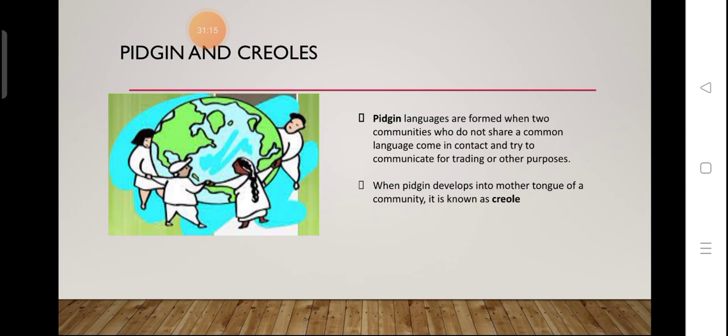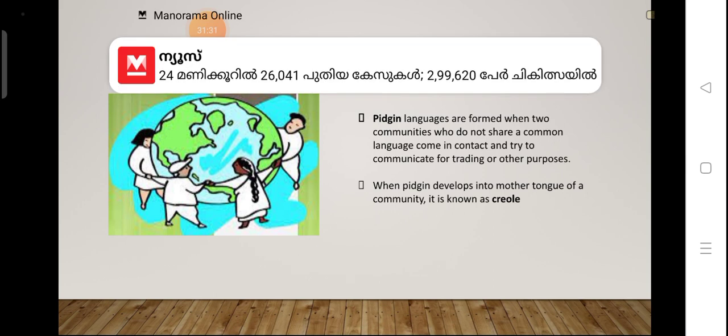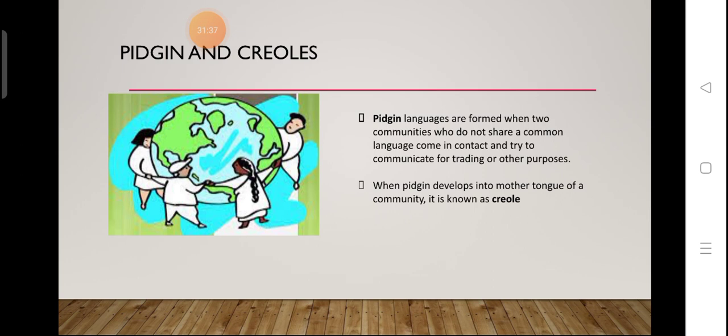Pidgin, during the colonial time, there was something called Pidgin English. Pidgin English of Bombay. There was Butler English of Madras. This Butler English of Madras and Pidgin English of Bombay are examples of Pidgin. That is the Pidgin English spoken between the natives and the British people.